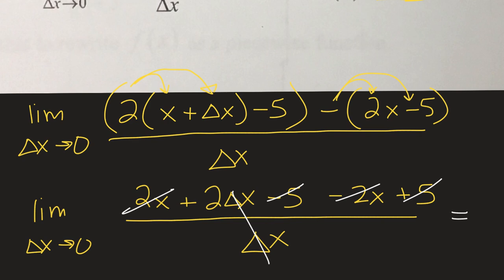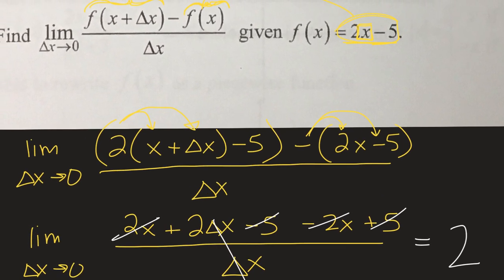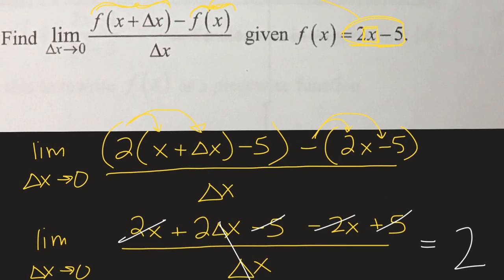So what's our only thing that's left? 2. So even though this looks like a very complicated formula, the answer to this is actually pretty simple. Okay, so we're going to learn that this is called the difference quotient, and it's going to help us with our definition of a derivative in the future.